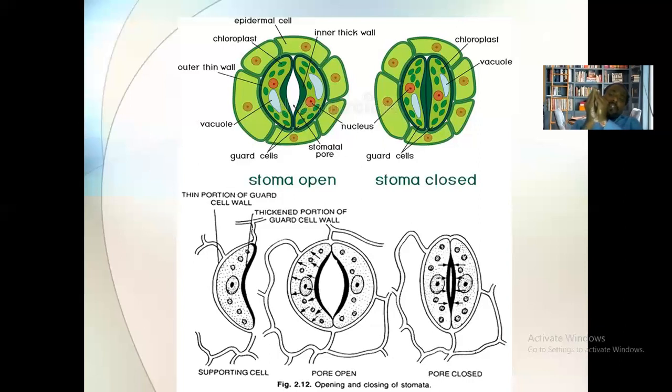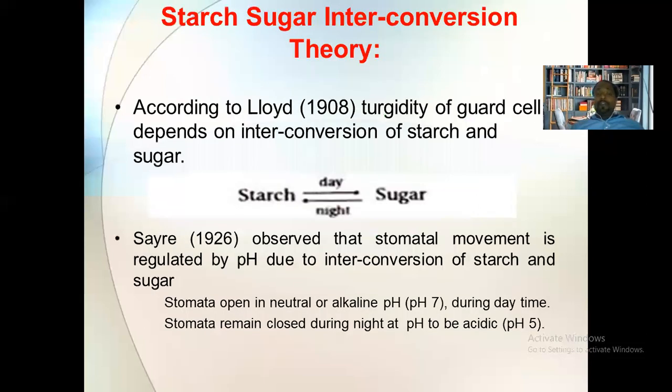And at the same time the inner wall also comes to the original position, and the closing of the stomata takes place like this. So opening of the stomata is due to the stretching of the outer wall, and the closing of the stomata is due to the outer wall coming to the original position. In this phenomenon, the cellulose microfibrils also play an important role. And this is how the opening and the closing of the stomata takes place.